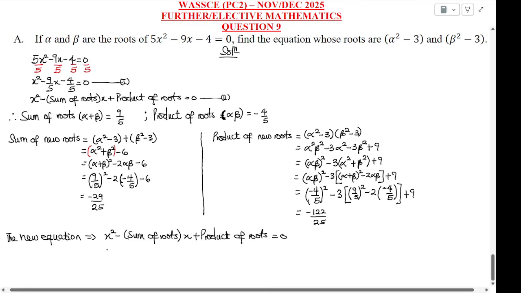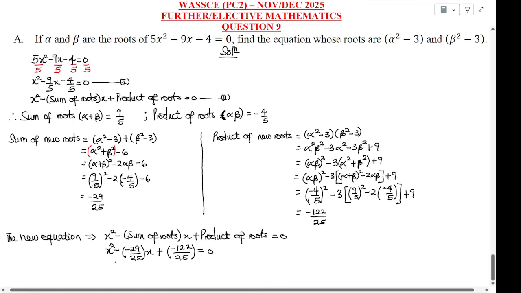So let's do our substitution. I have x squared minus, sum of roots is negative 29 out of 25, x, then plus my product of roots, negative 122 out of 25, and this is equal to 0.